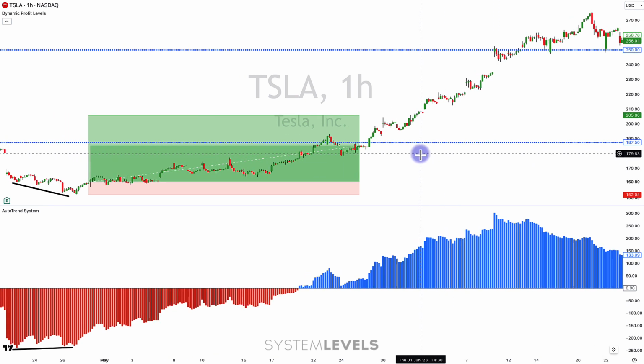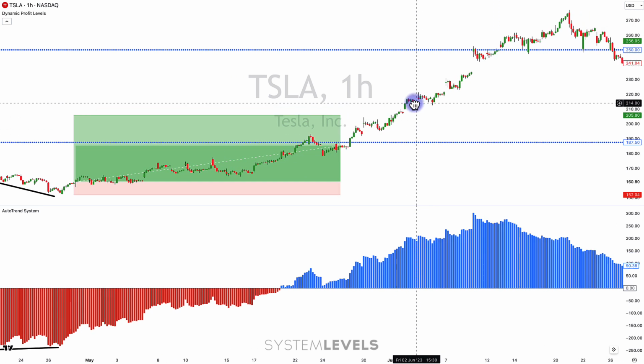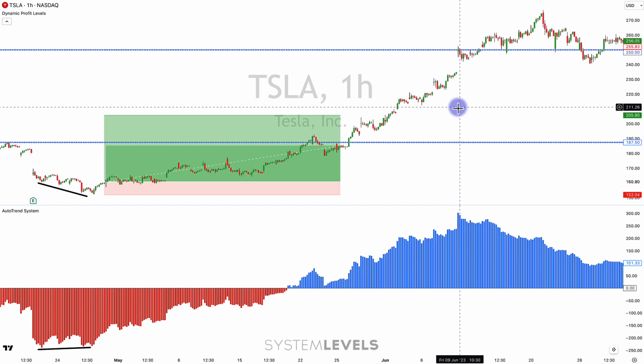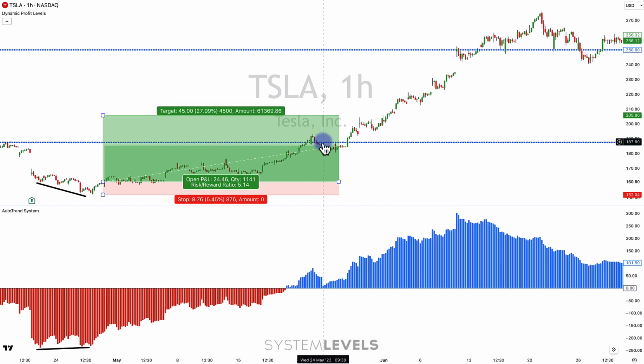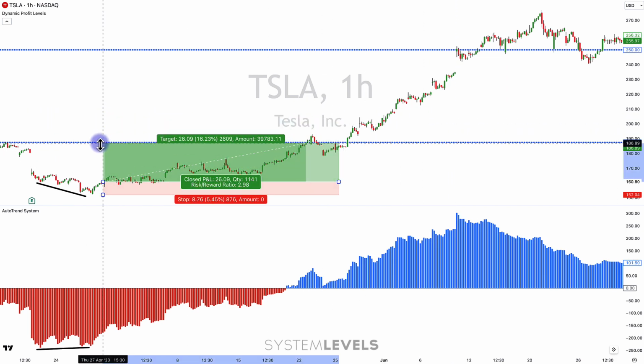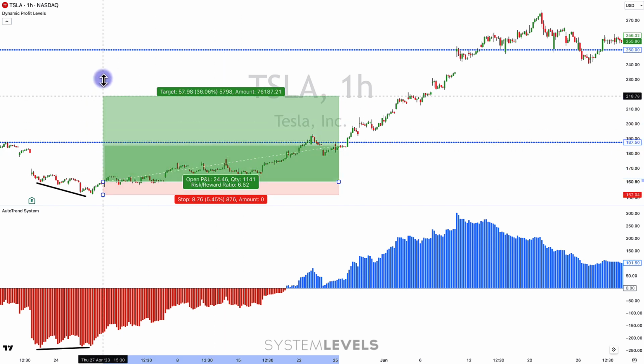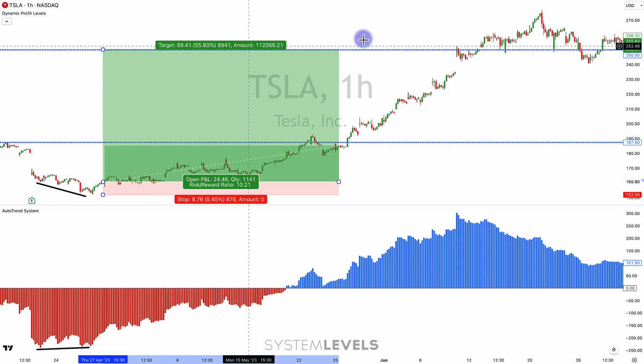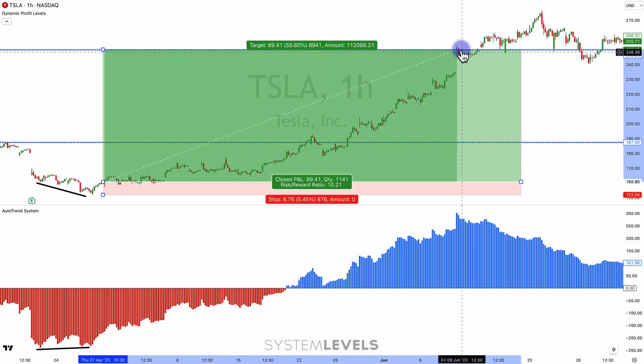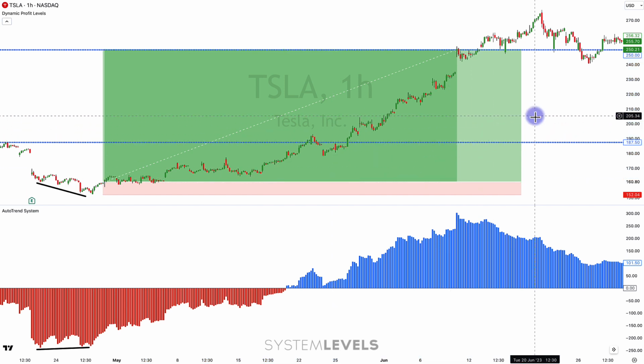Again, just like taught in the strategies in the course, you are scaling out as you're hitting different dynamic profit levels. So you're taking something off at this point at the 3-to-1 risk reward ratio, and then your next location to scale out is the next dynamic profit level, just as price hits it at the 1-to-10 risk reward ratio. So at that point, you're risking $1 to make 10, which is obviously a no-brainer.